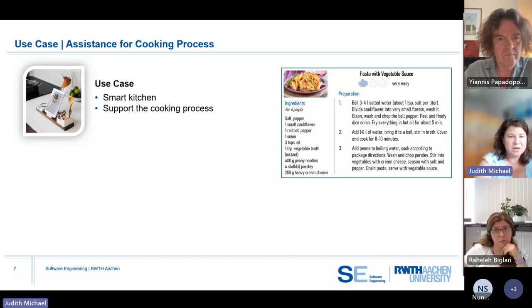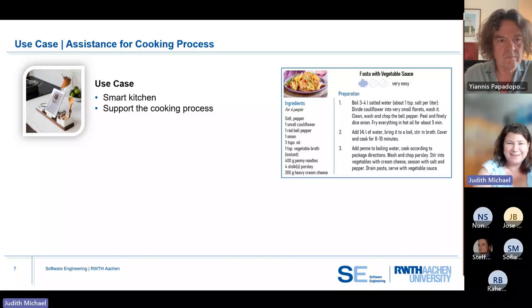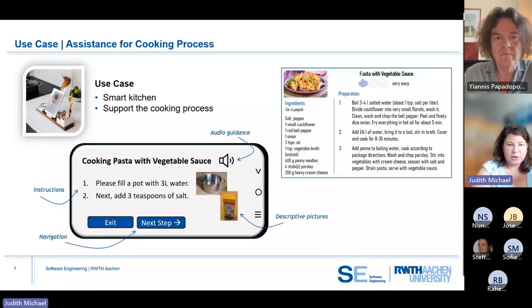So you would have here some kind of recipe, you know it maybe from your daily life, where you have different ingredients that you use, and you have these step-by-step proposals on how you should follow such a recipe. Now, this could be transferred into an assistive system where you have an interface showing you such step-by-step information and guiding you through this process.